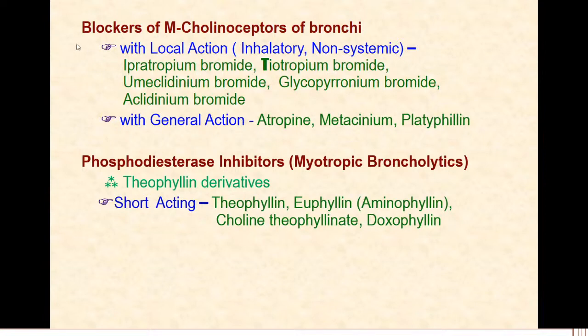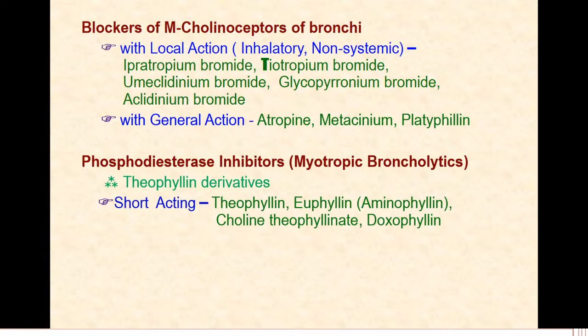And the agents with local action, historically second generation drugs. These are derivatives of atropine and like atropine preparations, but if atropine has high bioavailability, penetrates well through different membranes, these agents, first of them is ipratropium bromide, penetrate worse.